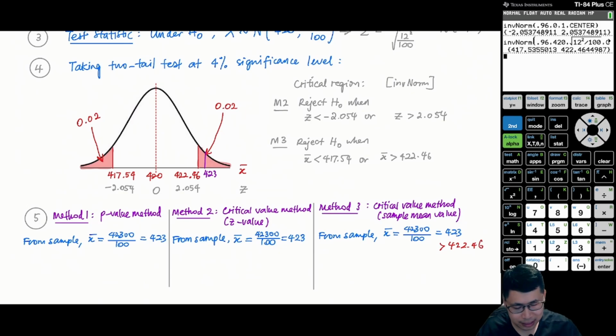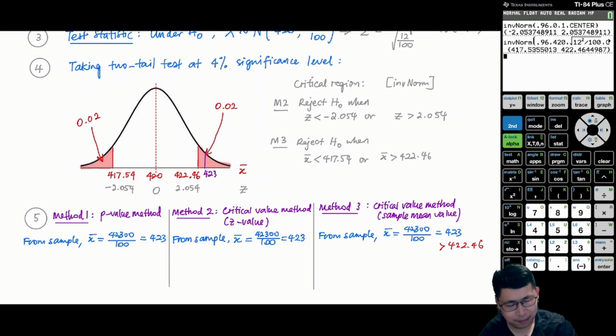So this 423 lies in this rejection zone, and it tells me that 423 is significantly far enough away from the population mean 420. So this is method 3.